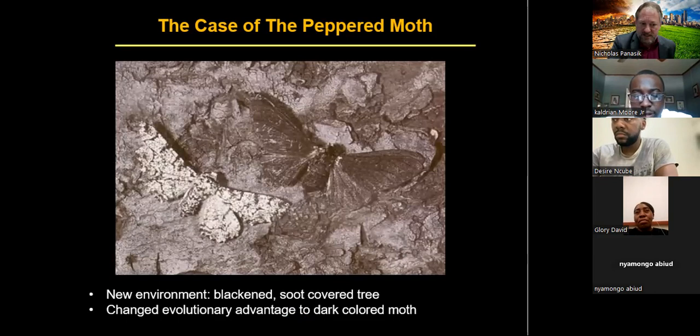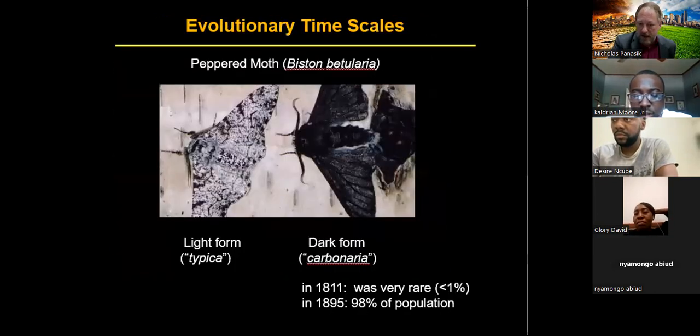It's actually more advantageous to be dark colored. In 1895, when they measured the population of these moths, 98% of the population were black colored moths. So that's in about 80 years. Over 80 years, you went from less than 1% all the way to 98%.